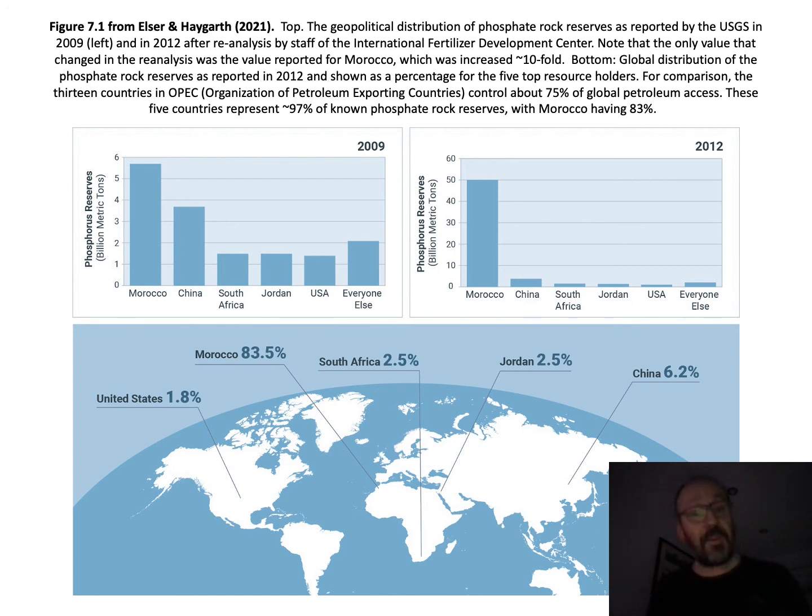But then it focused attention on the supplies of phosphorus, and there's been a lot of reflection about this looking forward. As we go from 2009 to 2012, look at the difference there in what we published on the left and on the right, what we found for the two data sets about the sources of phosphate in the world.